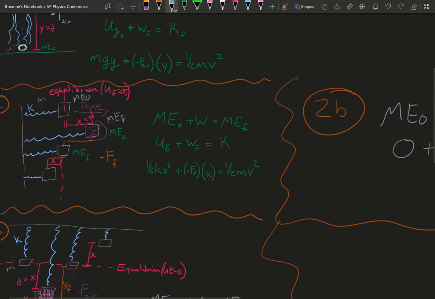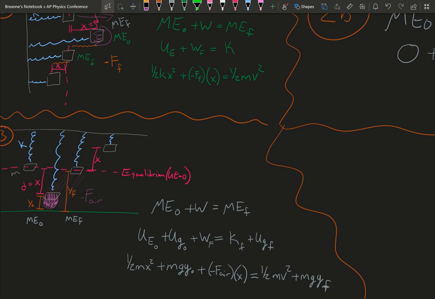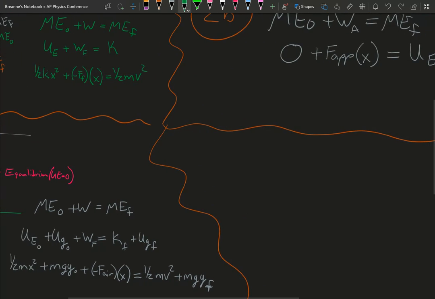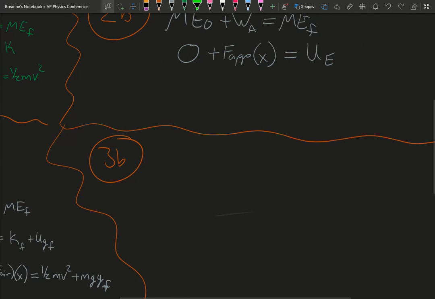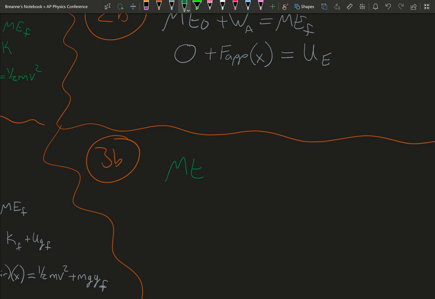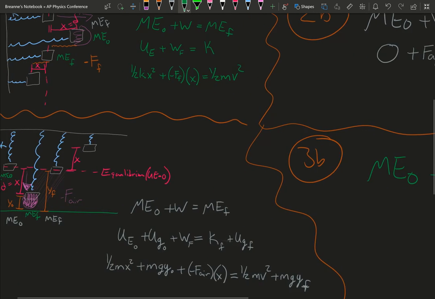If we're looking at this one, I've extended it, I'm pulling the force down. So this becomes our initial, and this becomes our final here. This would be 3b. I'm adding work into the system. So it would be our initial plus work applied equals work after.